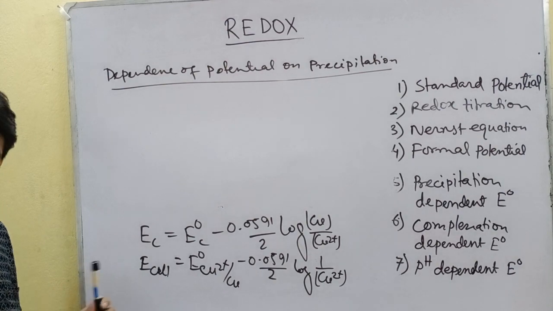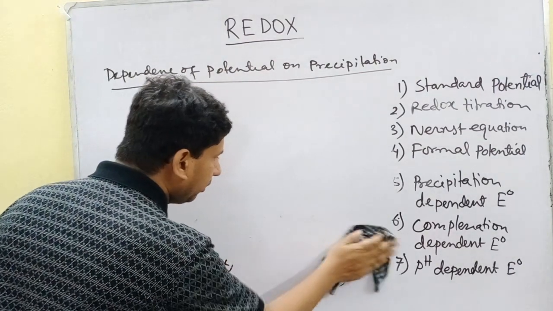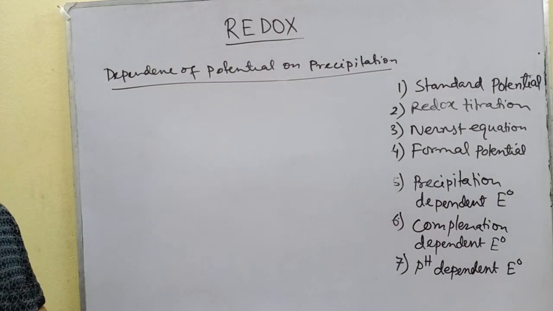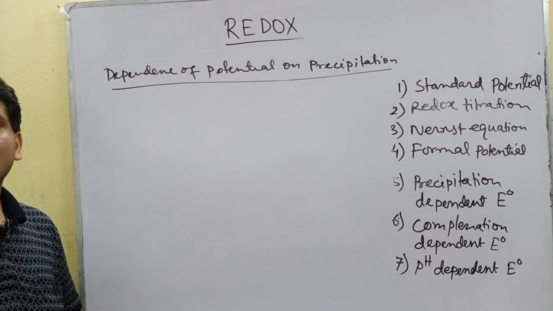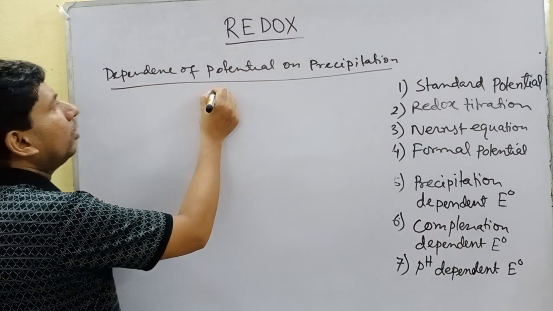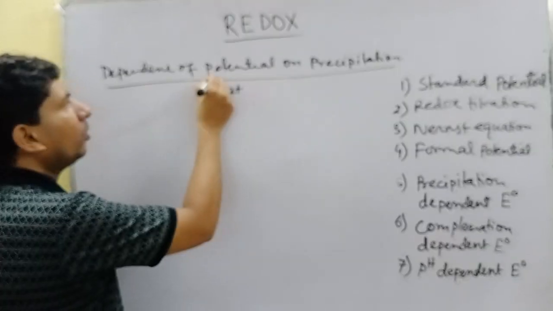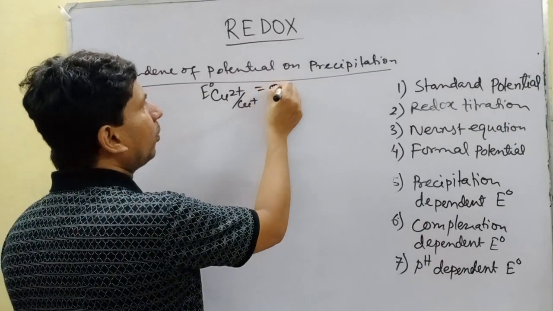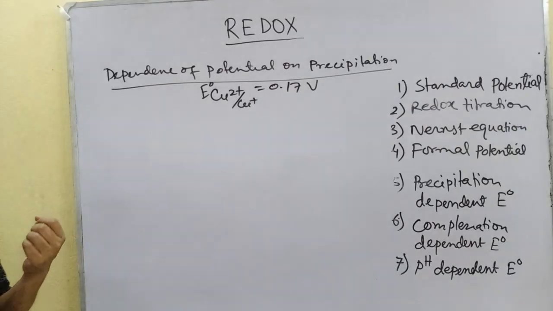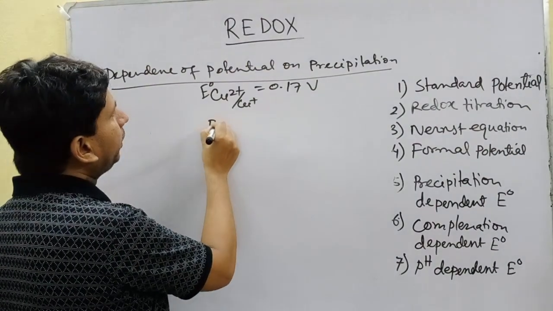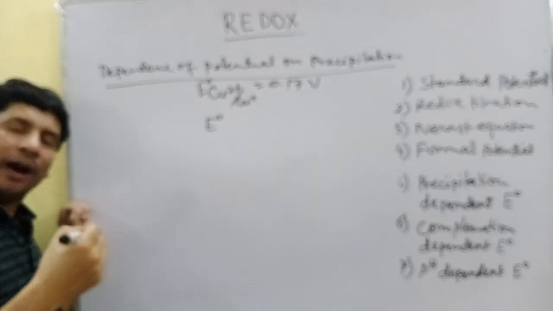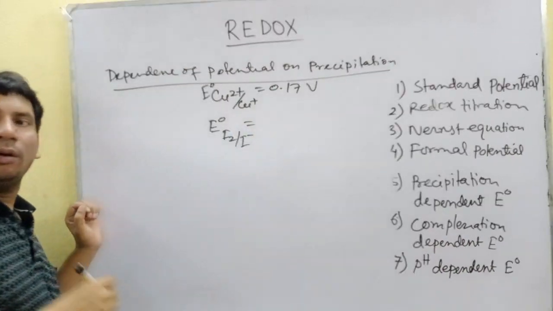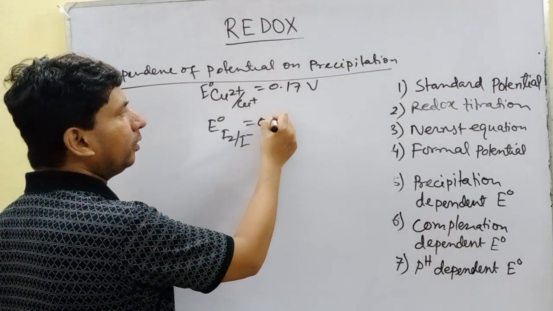this reaction, and if we consider the copper 2 plus and copper 1 plus ion, now the standard electrode potential E0 of copper 2 plus to copper plus equals 0.17 volt, and we already know that the E0 of iodine to iodide, that is the reduction potential of iodine to iodide, equals 0.45 volt.